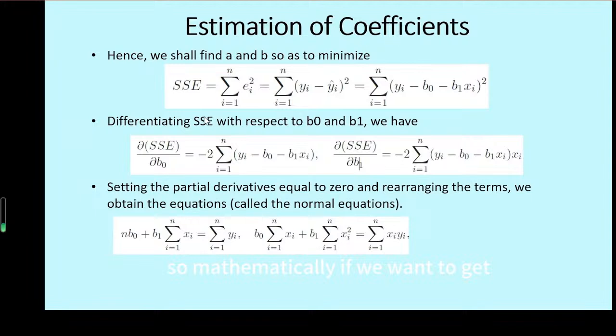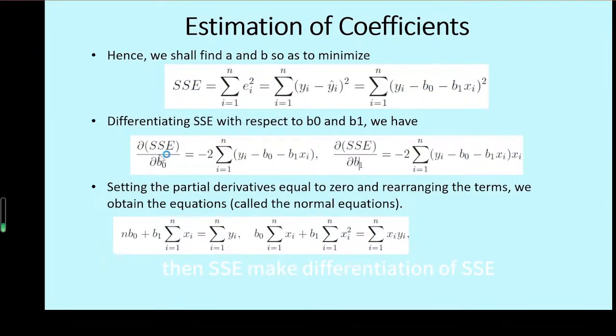So mathematically, if we want to get the SSE, we can write this form. The difference between y, the observed value, and the fitted value, then take the square, then sum over all the observations.